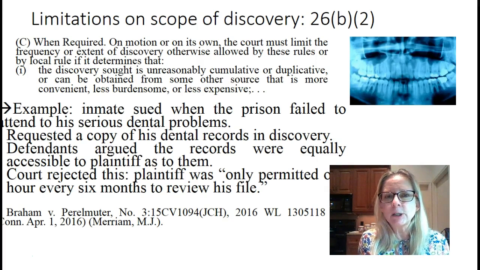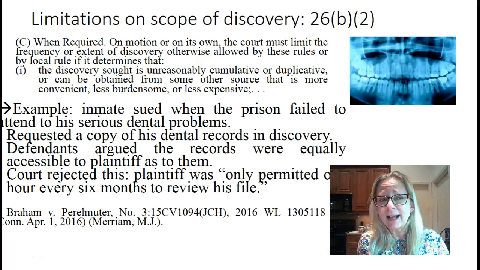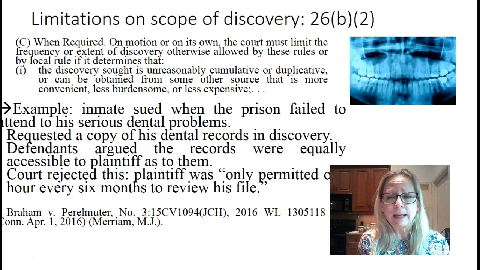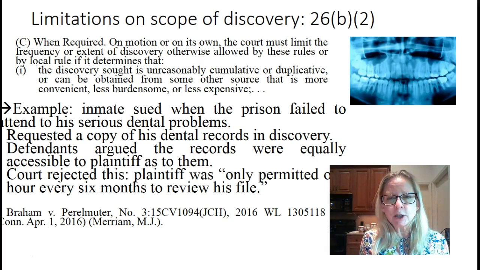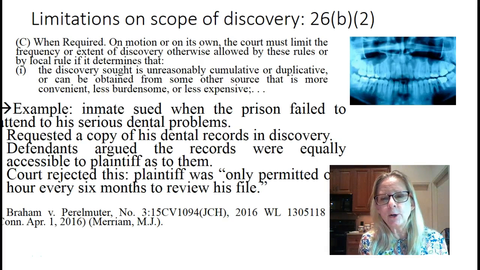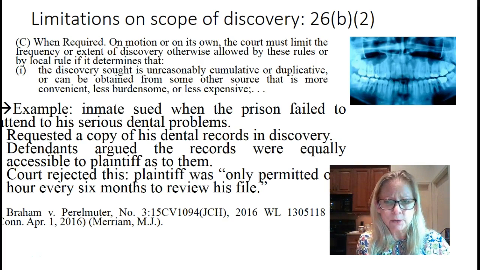Well, no, that's probably not true. It's probably much easier for the defendant to reach into its files and get the information than for the plaintiff to have to go to some government agency. So courts are somewhat suspicious of this argument that this is easier for you to get somewhere else.